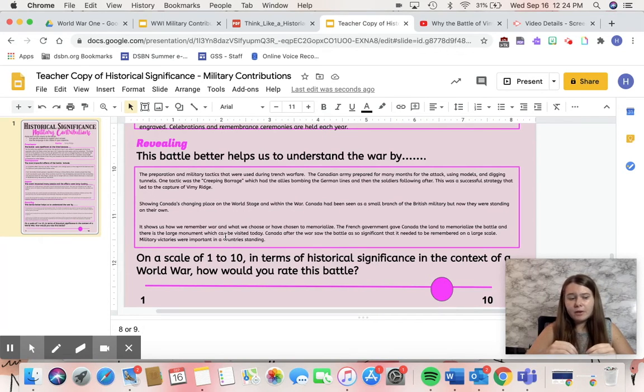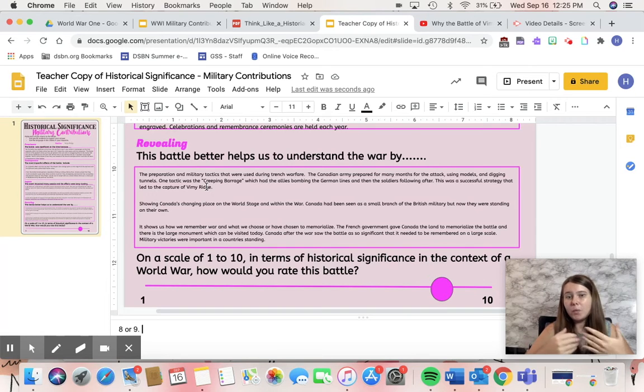We were our own fighting force. And I believe it is in with the veterans one. This would actually be another good point that you can add in, that it helped us gain recognition enough that we could have our own signature on the Treaty of Versailles when the war ends and not just be lumped in with Great Britain.